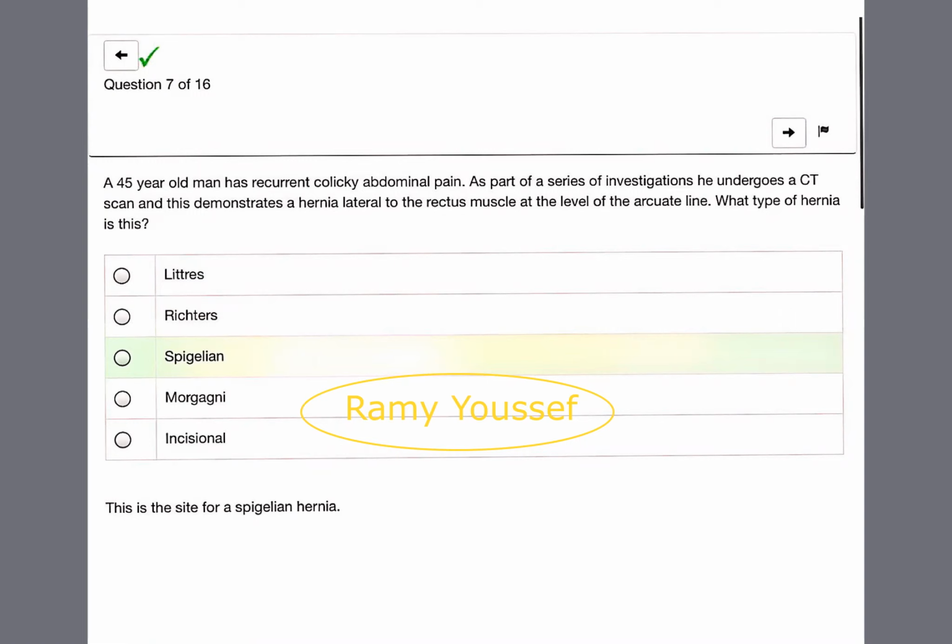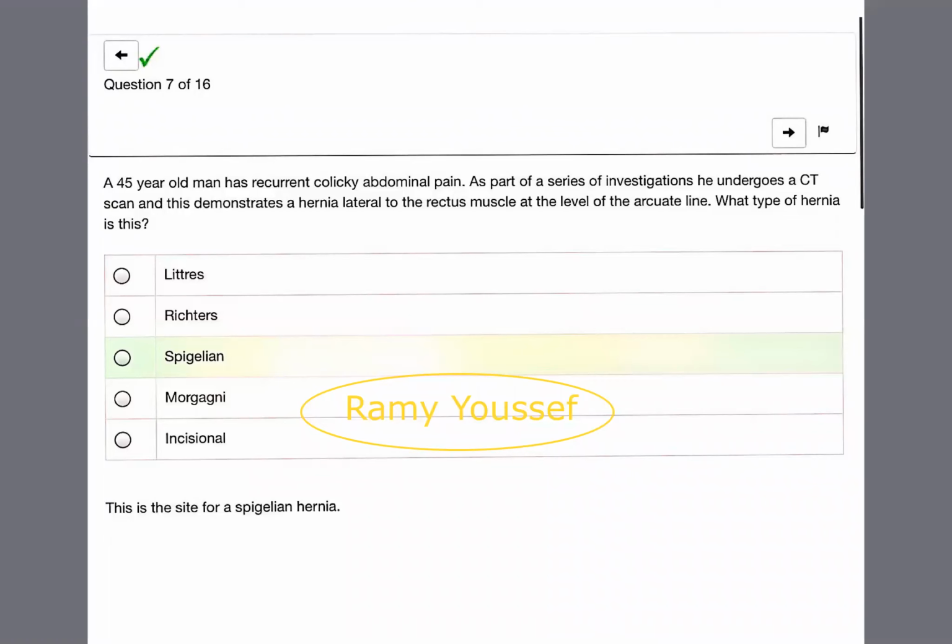Okay. What's Richter's hernia? Part of the circumference of the abdominal wall herniated. Antimesenteric herniation, antimesenteric wall herniated. Not sure it has to be antimesenteric, just part of the wall of the viscus. Maybe stomach, maybe colon, part of the circumference.